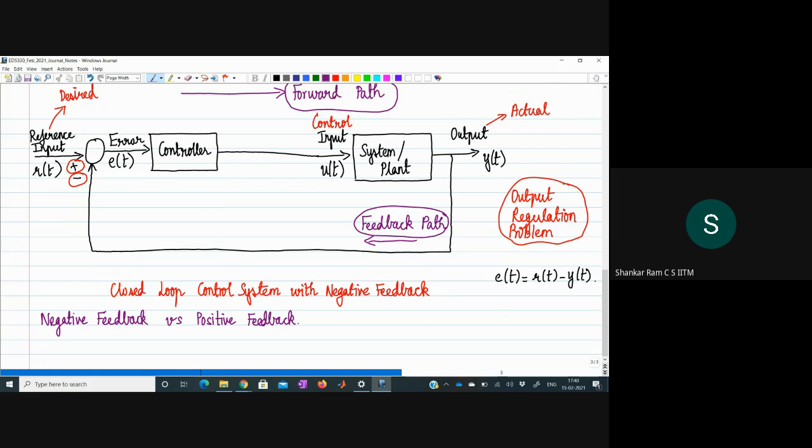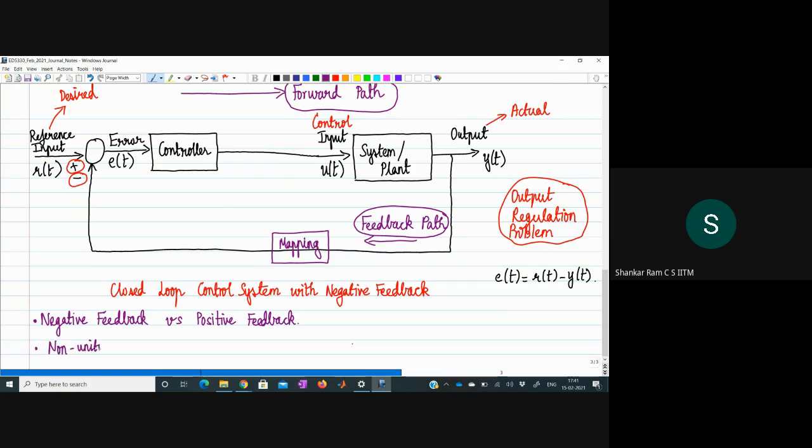What do I do to get the angle from the rate? I should integrate, right? So if I have to integrate, then in the feedback part the mapping is an integral mapping. Then we get into what is called non-unity feedback.